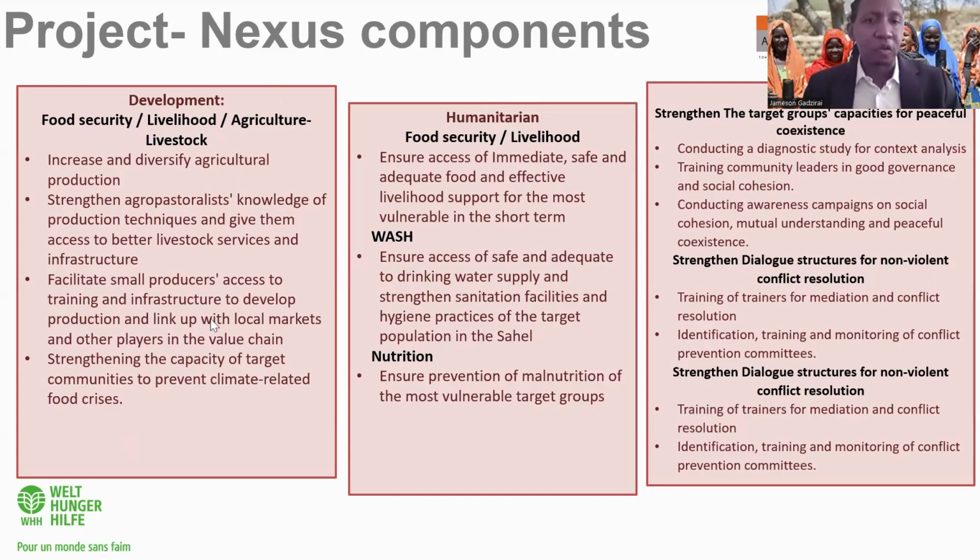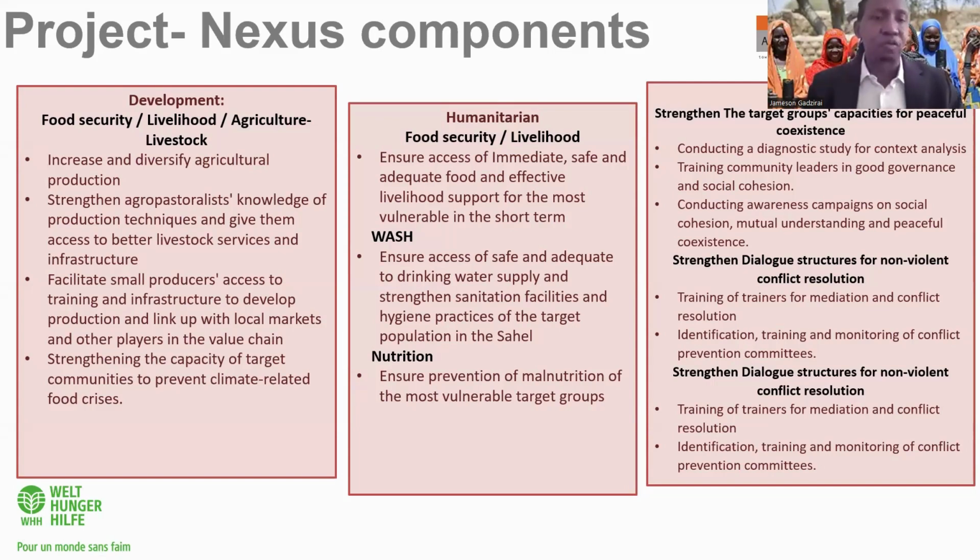What we're looking at is also to facilitate producers' access to training as well as infrastructure so that they can develop production, and then they can be linked to local markets, and then they can develop the value chain. Our forte has been mainly around systems thinking, around ensuring that we are building up on resilient food systems and transforming them.